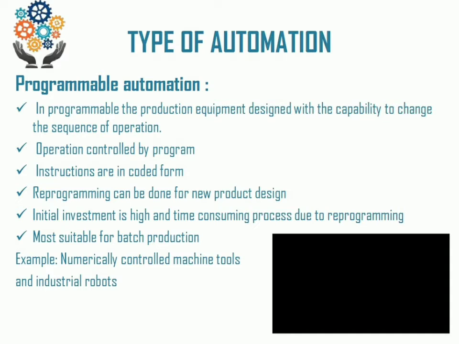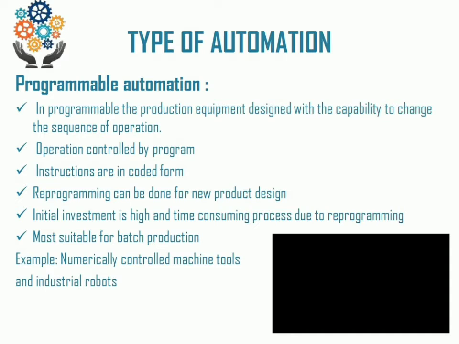The reprogramming needs to be done for every new design, and that is the most disadvantageous part of programmable automation, because in reprogramming we need to spend more time developing a new program. Then the initial investment, as we have seen in fixed automation, is likewise very high, due to which it consumes high resources like time and money.